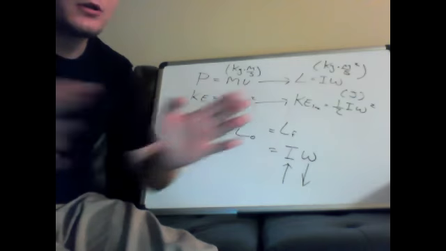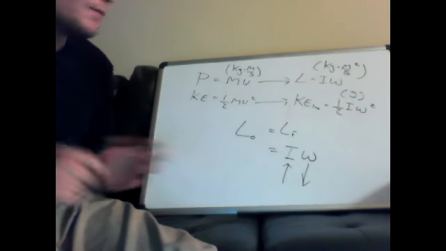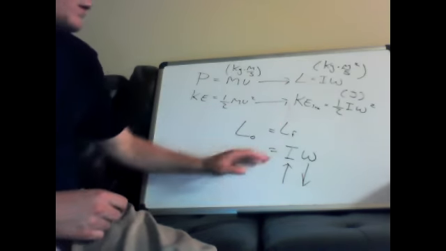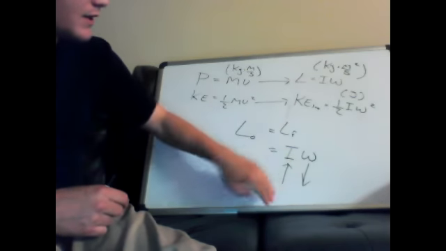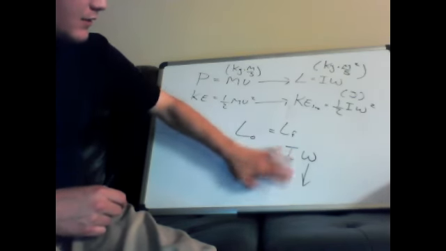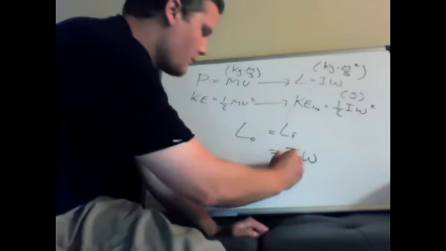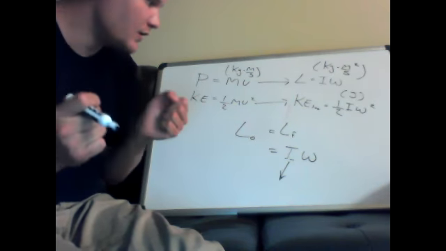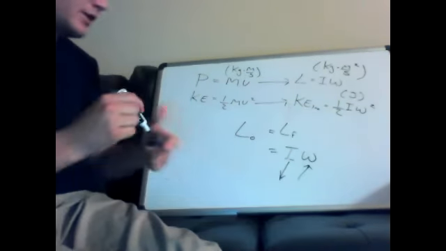As that mass goes farther out, the moment of inertia increases. So you get this relationship where increasing the moment of inertia decreases the angular velocity, and increasing the angular velocity decreases the moment of inertia. So if the moment of inertia goes down, the figure skater pulling her arms in, the angular velocity must go up because of this relationship.